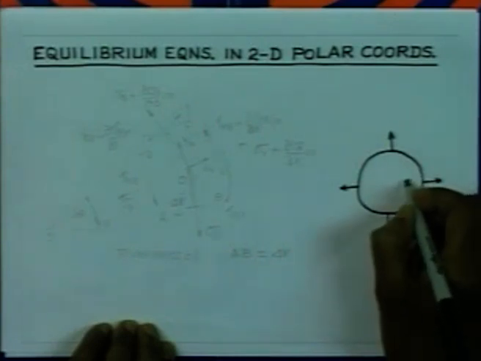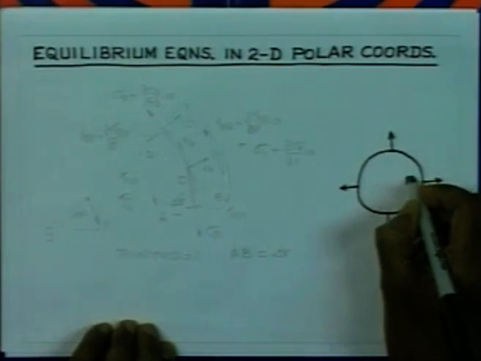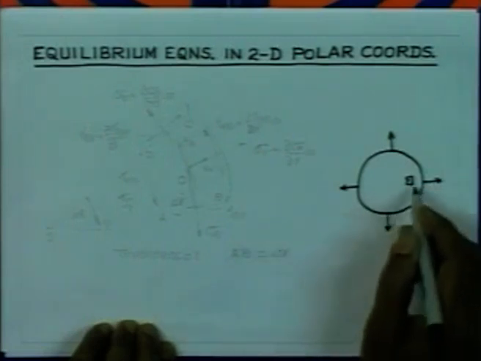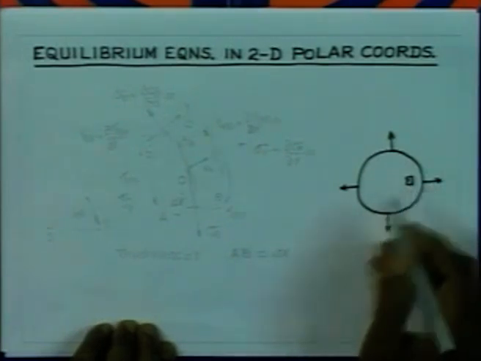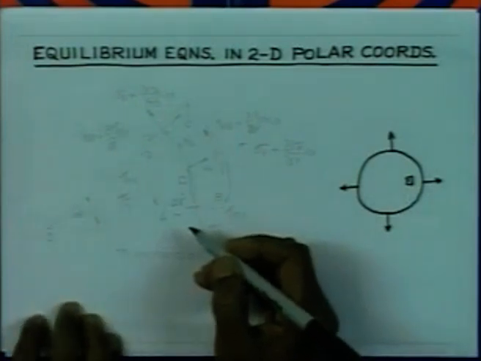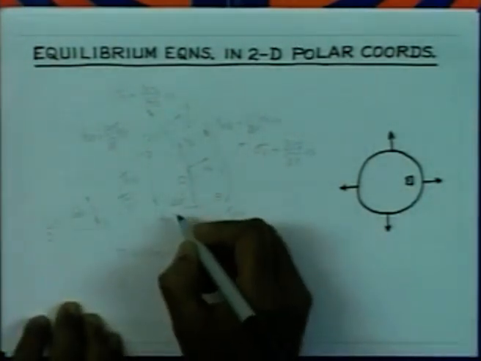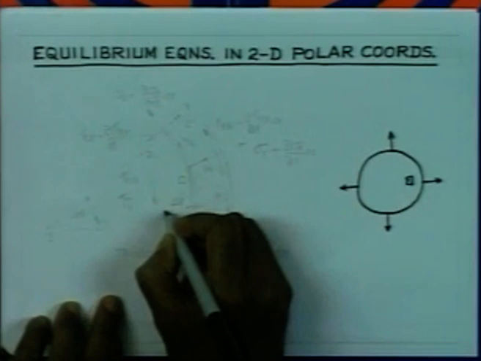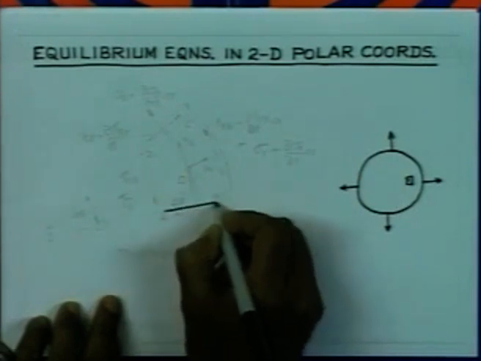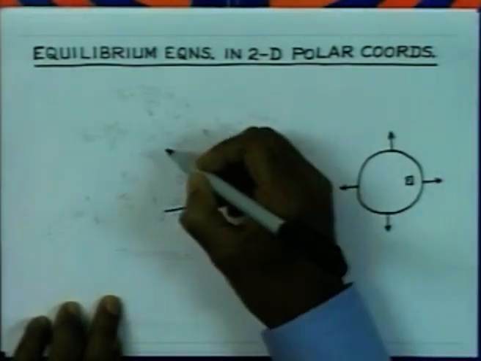So, therefore, we try to consider a small element here around the point and try to see what the equilibrium condition means. So, this element is drawn to a larger scale. Let us consider the element to be this one.